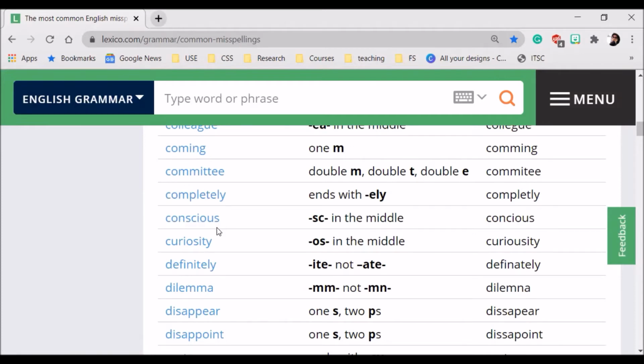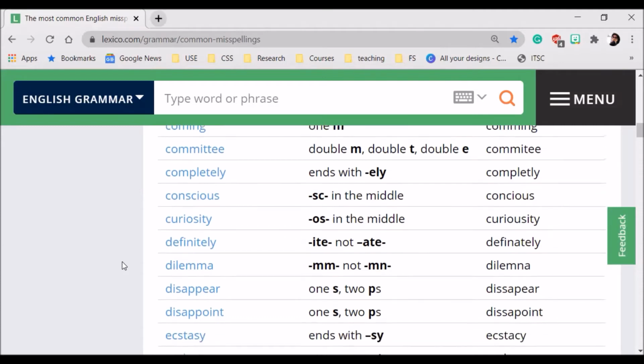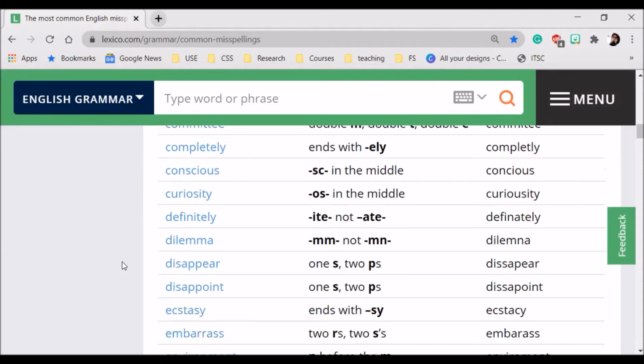Then we have conscious. Okay, we have SC in the middle, not only C. So you have to be conscious about the spelling of conscious. Then we have curiosity. I know English is so irregular, but you have to be careful. Okay, here we have OS, not OUS.